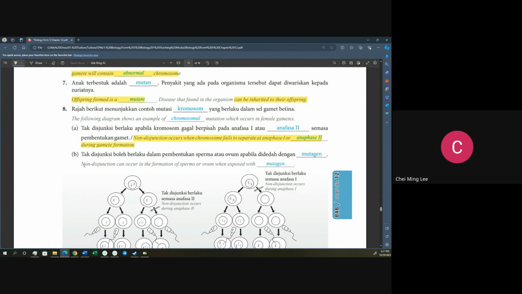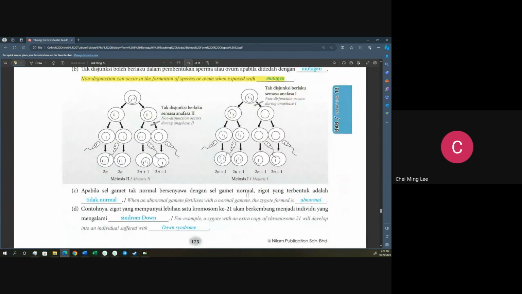Let us see what happened here. So there's a non-disjunction occurring during anaphase 2. From anaphase 2 you see one doesn't contain any, one contains 2. This will form 2n plus 1 and 2n minus 1.